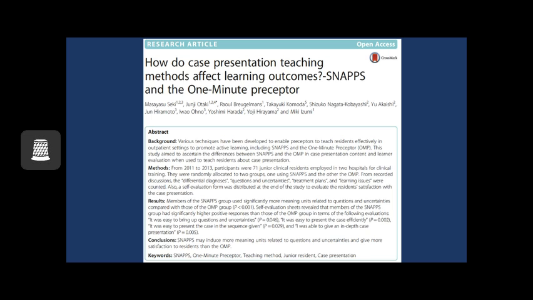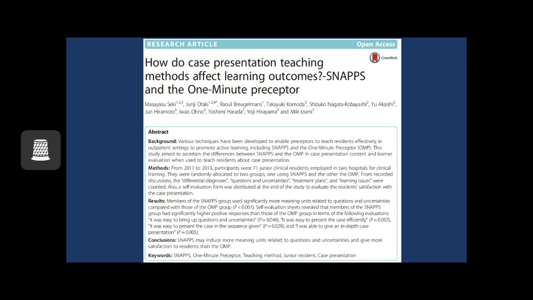Learner satisfaction was assessed. SNAPS produced an increased number of meaning units and a greater level of satisfaction in clinical encounters compared to OMP. These results support an approach where clinical educators begin with OMP when teaching new or inexperienced learners and then move on to SNAPS as progress is made.